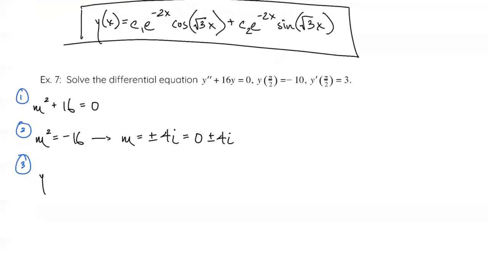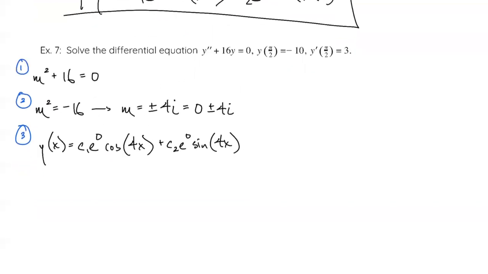And so we'll get y of x equals c1 e to the 0x cosine of 4x plus c2 e to the 0 sine of 4x. e to the 0, again, is considered a nice number these days because that just goes to 1.